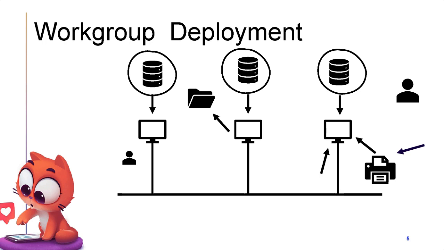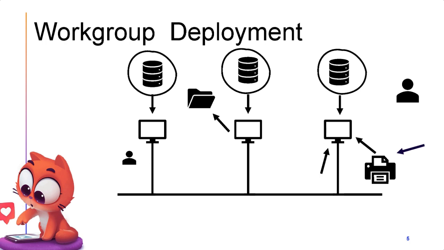Then, when the user wants to access a file in a shared folder, the user has to then authenticate to this system first, and this system is going to look for a user account in its database of usernames and passwords. If the username and password that the user supplies is valid, then she's allowed to access the shared folder on this hard drive, right here. Let's scale up this example.